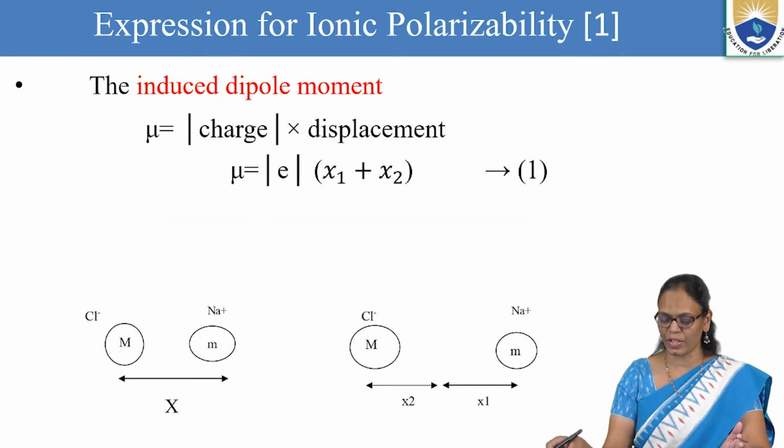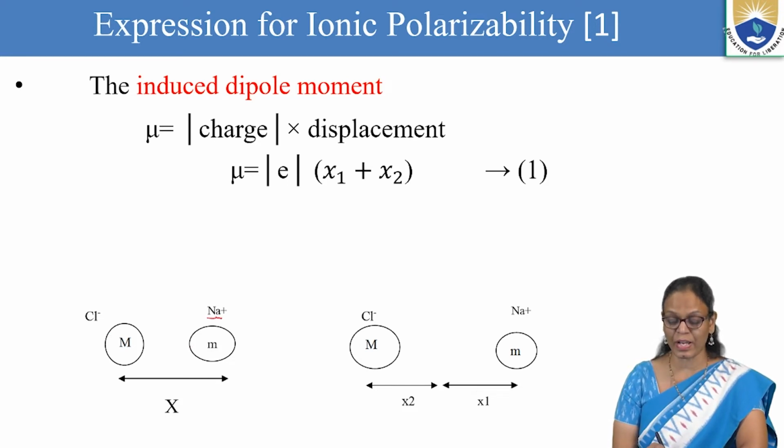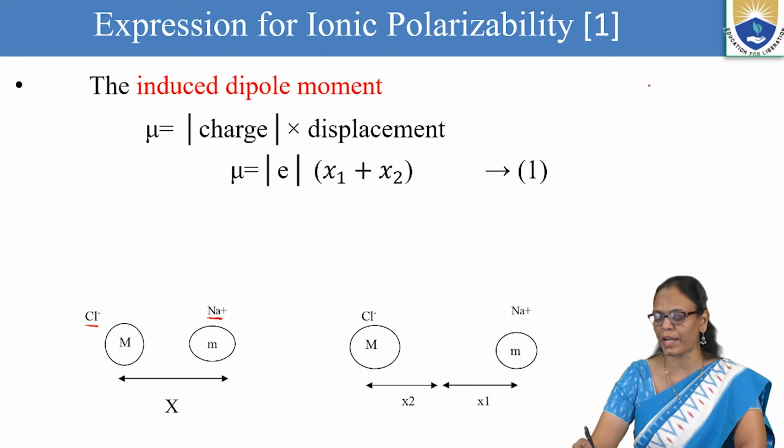So let us see the figure. If you see the figure here, we have taken for example NaCl, with Na positive and Cl negative. So these are the two ions that are formed. Whenever we are talking about ions, I can write NaCl as ionization: they form Na plus and Cl minus ions, the positive ions and the negative ions.